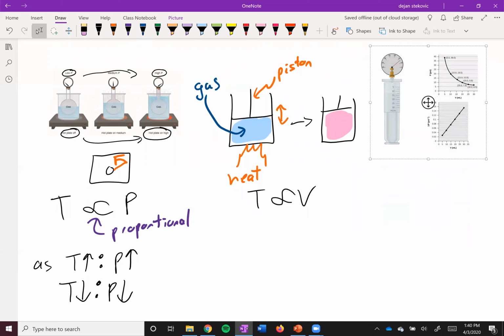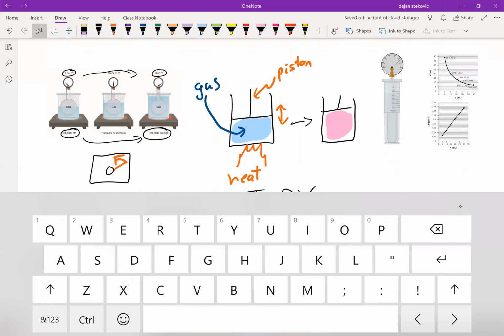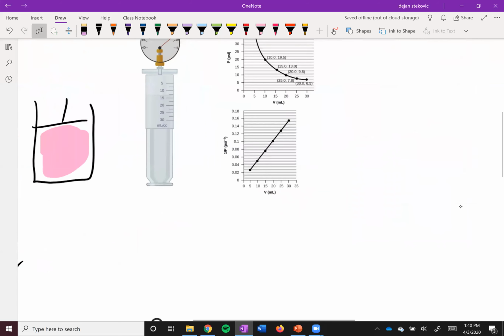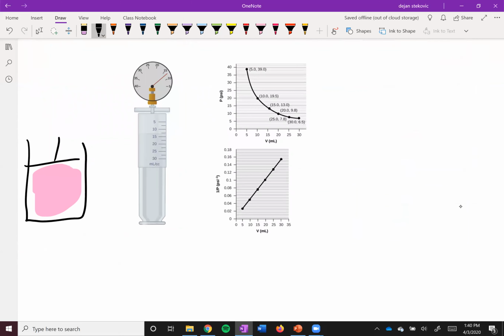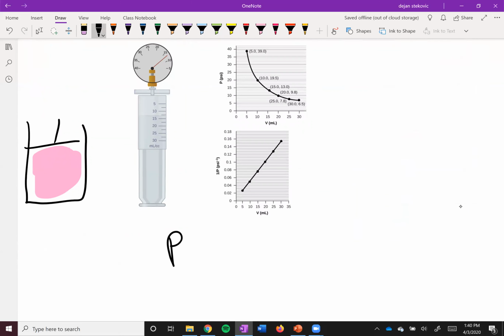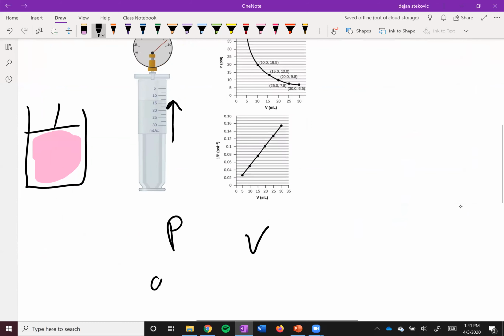All right, next up, we have this syringe, and it's attached to a meter that's going to measure the pressure. So what we're comparing here is pressure and volume. When we squeeze this syringe here, we're going to decrease volume, right?